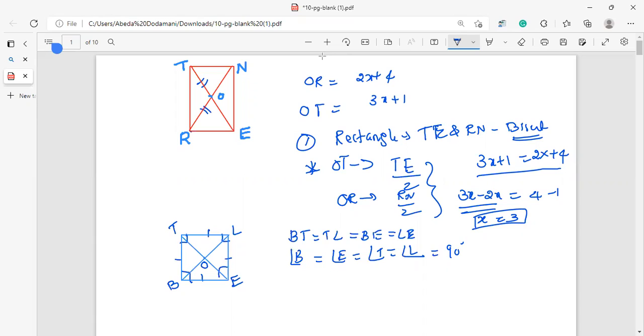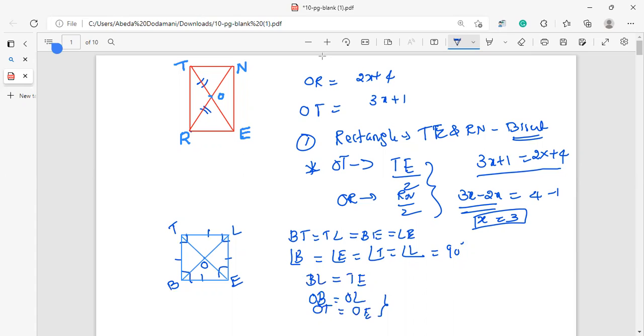Also, as I told you, the diagonals are bisecting each other. Therefore, BL is equal to TE. They are bisecting each other, so OB is equal to OL, and OT is equal to OE. These are the diagonal bisections.